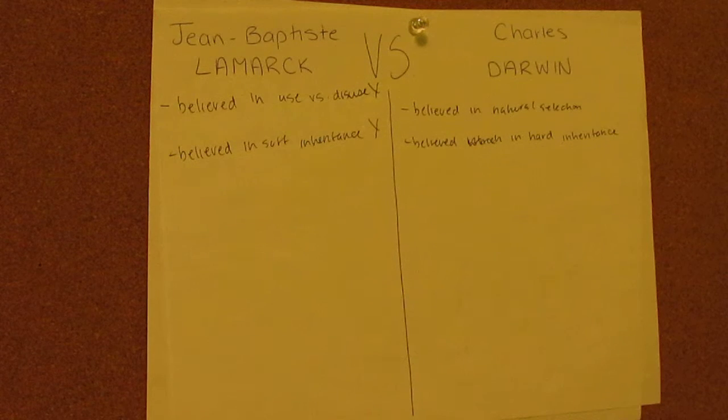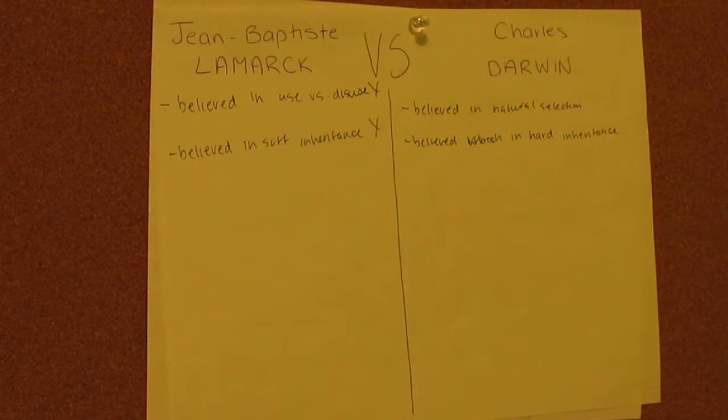The use versus disuse theory states that an organ that is used a lot will grow in size and or function, and an organ that is not used a lot will decrease in size and or function, which could obviously lead to a vestigial structure, but again, this does not actually happen. Natural selection is supposedly one of the mechanisms of how things evolve or devolve in this case, but you will learn more on that later.